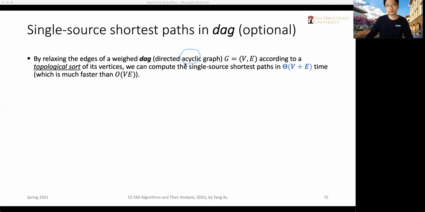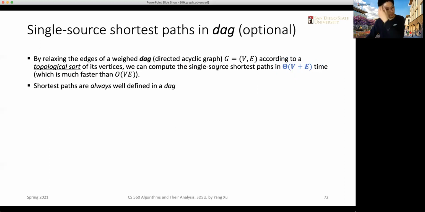So here we will utilize the topological sort of all the vertices, and that will save us time so that we can compute the single source shortest path within big theta of V plus E, which basically turns it into a linear running time algorithm, which is way faster than big O of V times E. Okay. All right, let's go to more of the details.